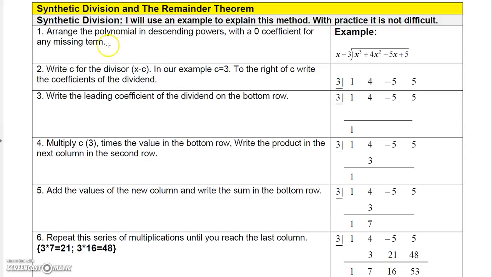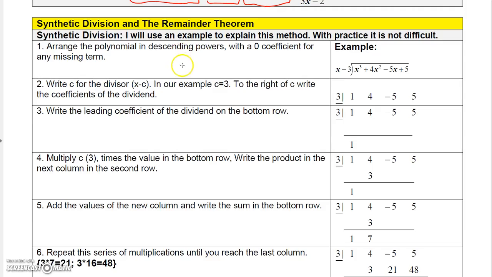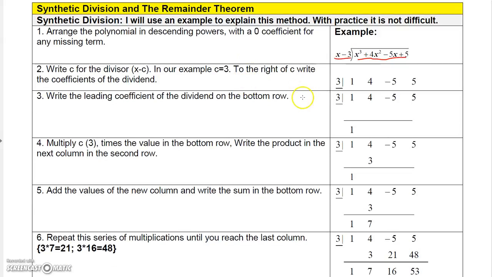Okay, so in order to divide using synthetic division, first of all, again, write your polynomial in descending order, and then use a 0 coefficient for any missing terms. Let's say I want to divide x minus 3 into this polynomial. Notice there are no missing terms because you have degree 3, degree 2, degree 1, and degree 0 for the constant, and everything's written in descending order.